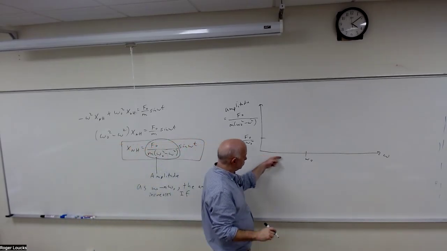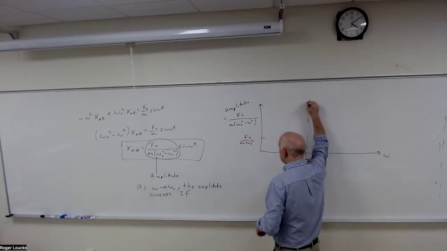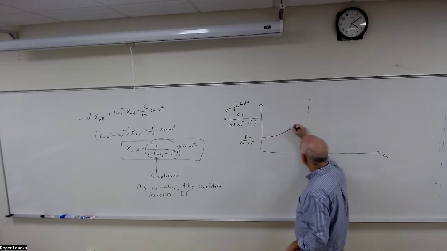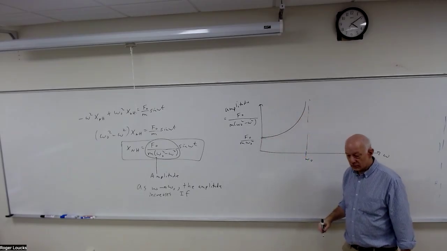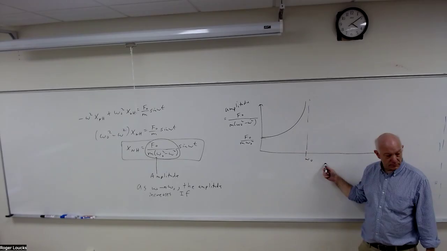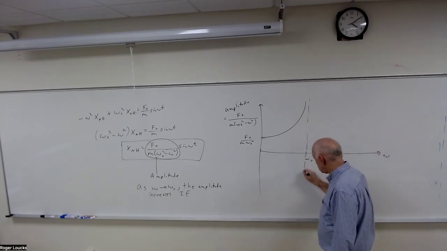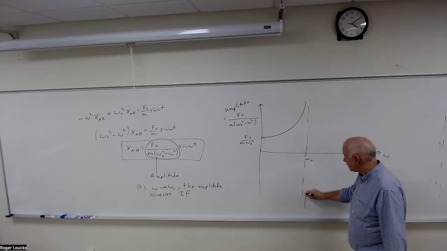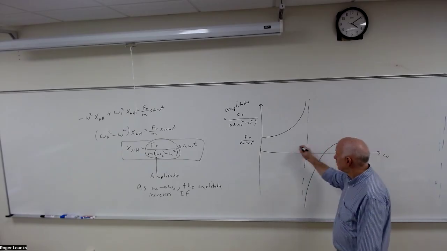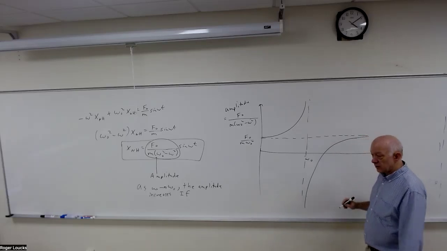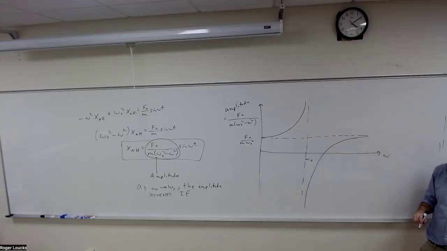As omega starts approaching omega naught from this side here, what does that term do? Go like this. What happens if I'm on this side of it? This is going from minus infinity here. It's going to go like that. It's going to start approaching back. That makes sense? Are you happy with that?